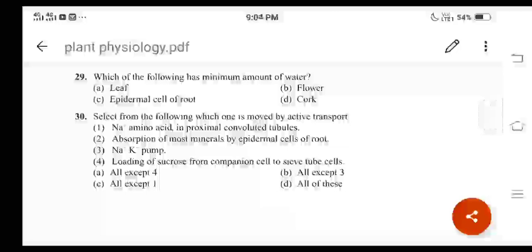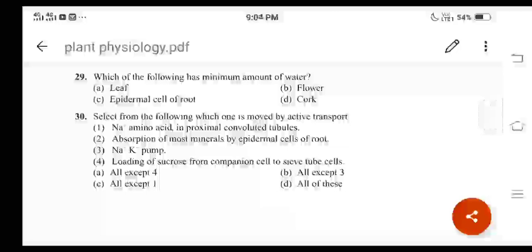The Na+ K+ pump can be observed both in plant physiological processes as well as in human physiological processes. This is also correct. Then fourth statement, loading of sucrose from companion cell to sieve tube cells. This is during food translocation, right?